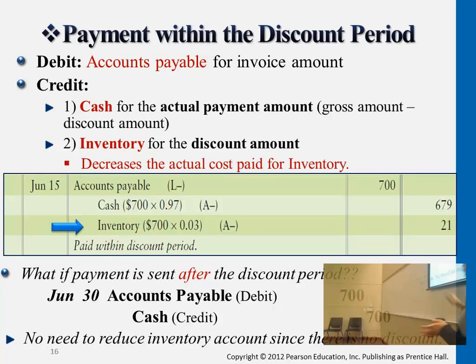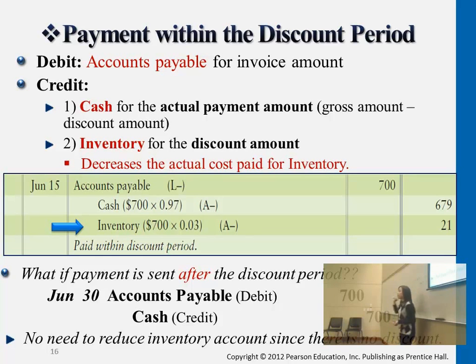Okay, again, earlier we purchased inventory $700. This is the transaction that happens and you will see on the invoice. But then later when you pay the liability, we're not reducing our cash altogether by $700, but only 97% of it. The other 3% goes into the inventory account.